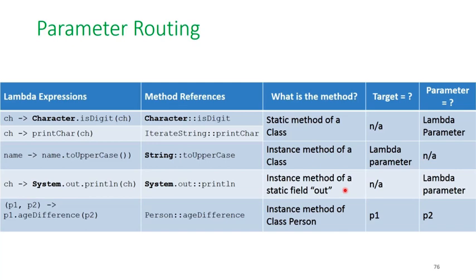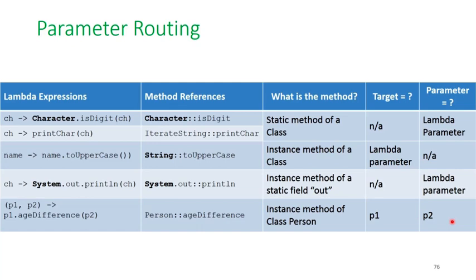And then we added an extra row at the bottom of the table, which is for instance method of a class. Here is a class Person that takes two parameters. So syntax of the lambda: P1, P2, two parameters. You always apply the first parameter of the lambda as target of invocation, the second as parameter of your method. You simplify with this notation that we know already: name of the class, colon, colon, name of the method. P1 is the target, P2 is the parameter, and there we go.